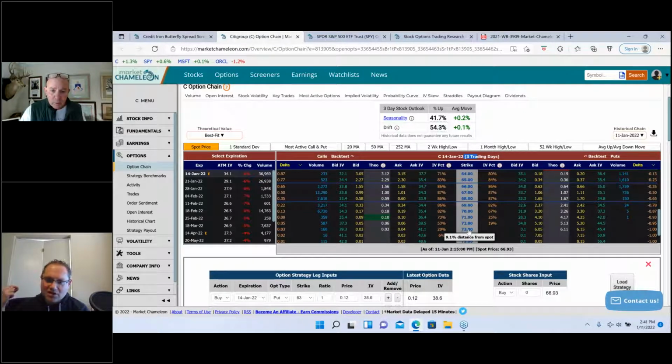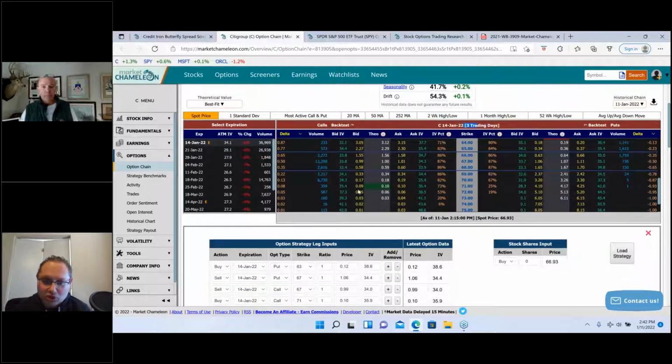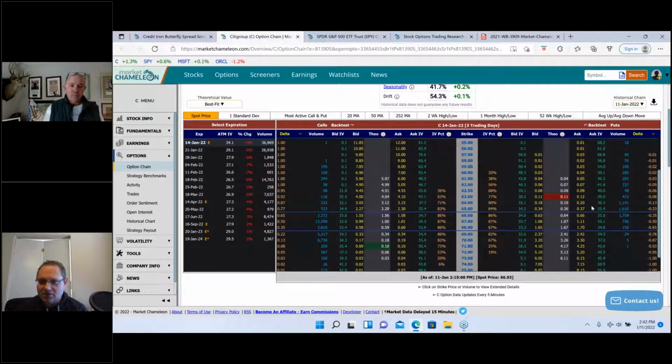So think of it as if an IV rank, in Citigroup, what is an IV rank? It has 2,000 different IV ranks right now, right? If I had to create an IV rank for Citigroup, I couldn't use one IV rank because each of these options should have its own ranking based on what is it usually, right?